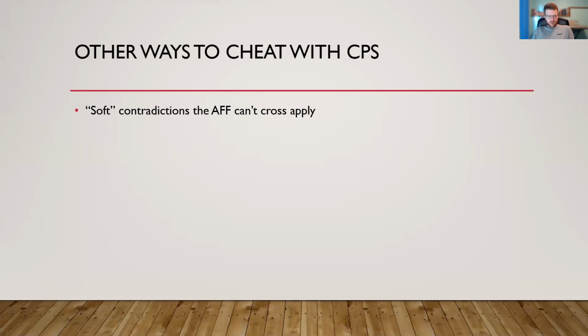You can kick out of stuff whenever you want because of conditionality. Same with a counterplan and a critique. You can make a contradiction and kick out of it. This is something that is unique to counterplans that disads you cannot do, because with a disad, the affirmative can straight turn it.